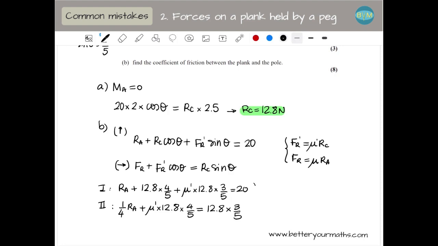Right, so I have two equations now, and I have only two unknowns. So my new coefficient of friction and my RA. So I just solve my simultaneous equations.